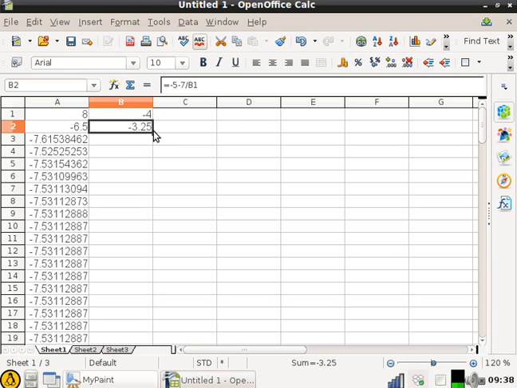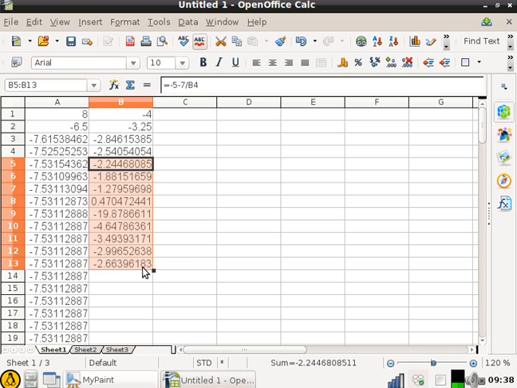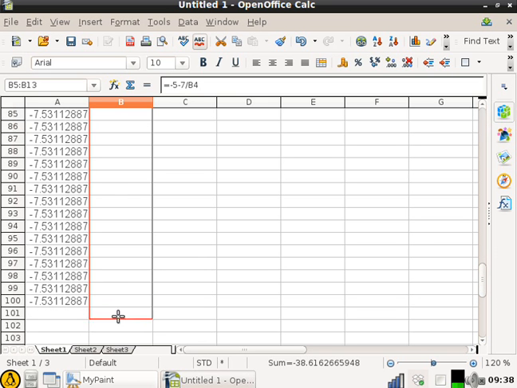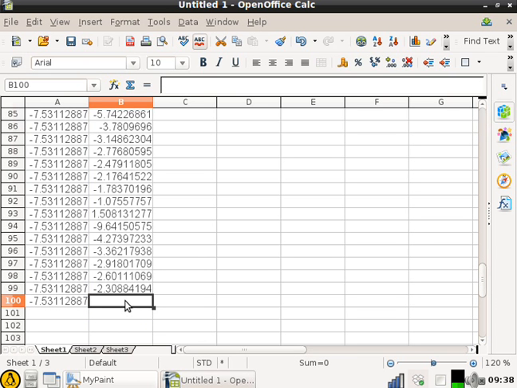Minus 3.25. So if I go to the 5th term, no, I don't think so. No, it's not convergent, is it? Because it's jumping around.